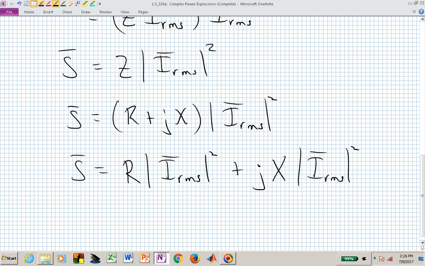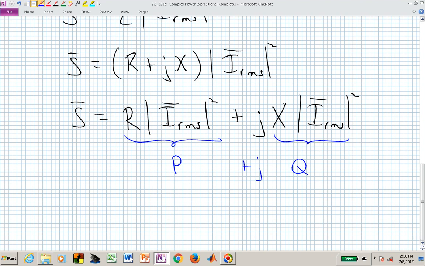So that now we have the real part, or the real power, which is P, plus J Q, there's our complex power, and now we've parameterized the real power as R times the magnitude of the current squared, and the reactive power as the reactance X times the magnitude of the current squared.